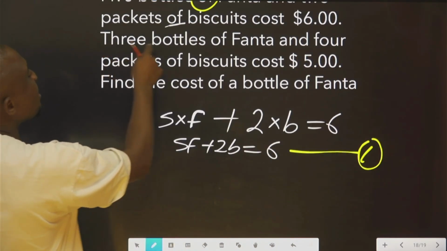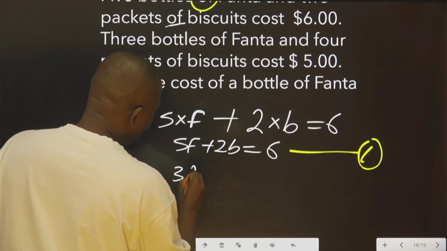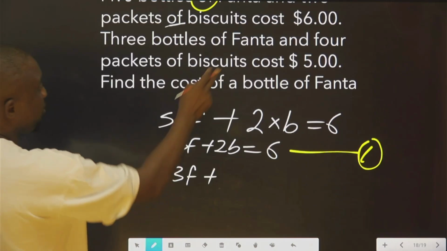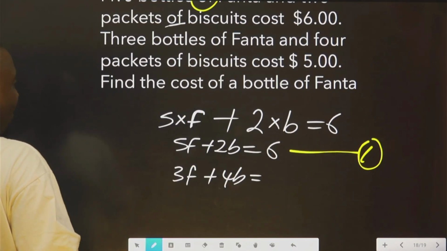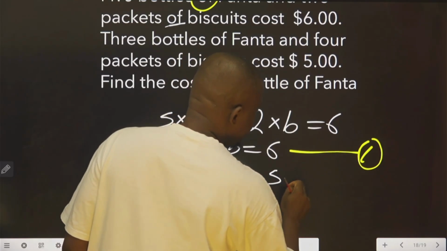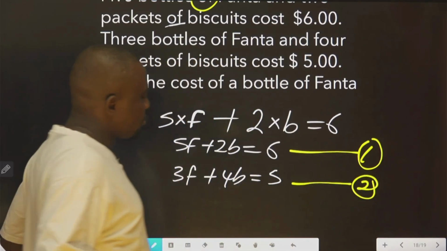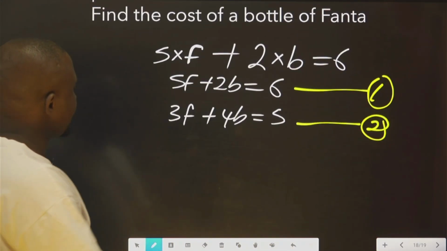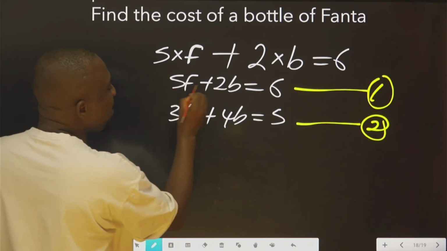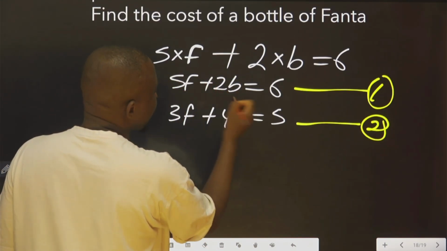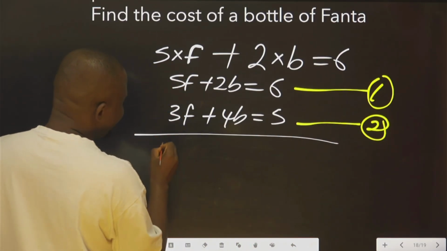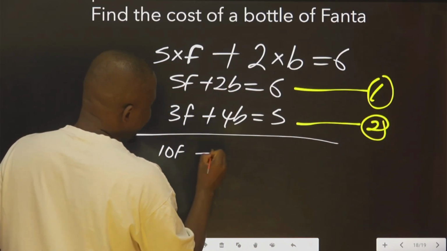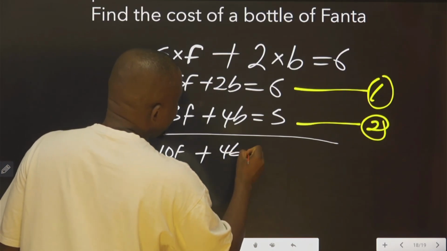Let's go for the second one. It says 3 bottles of Fanta plus 4 packets of biscuit equals 5. Now, we can make this one to be 4 so that these two can be eliminated. By doing that, you agree with me, you're going to have 10F here, and multiplying this by 2 is 4b, equals 12.